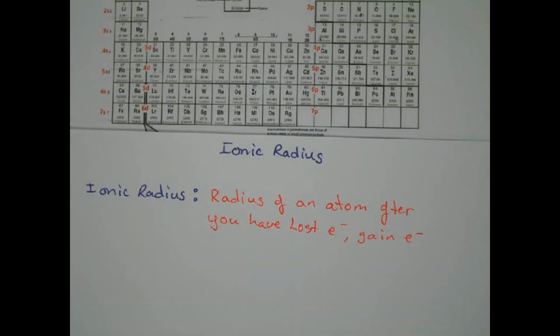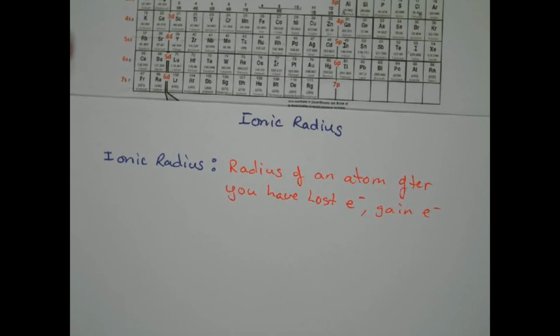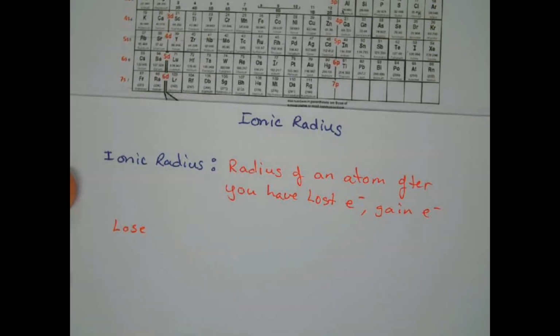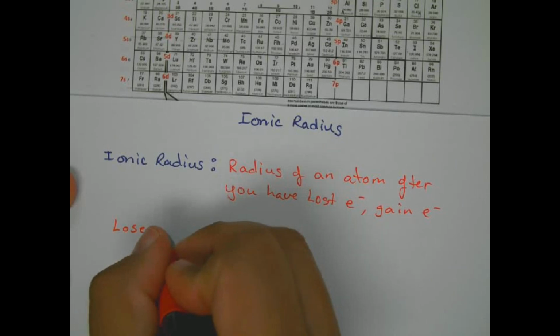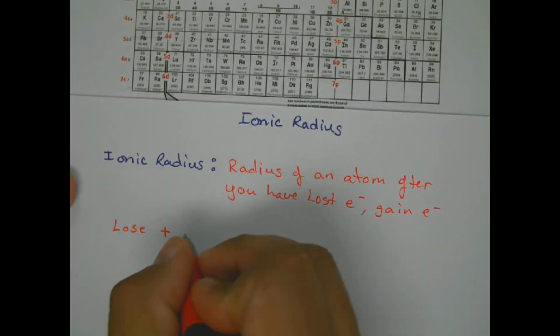So this takes us back to protons, electrons, and neutrons that you talked about earlier. If you lose an electron, you take on a positive charge. We call this positive charge a cation.